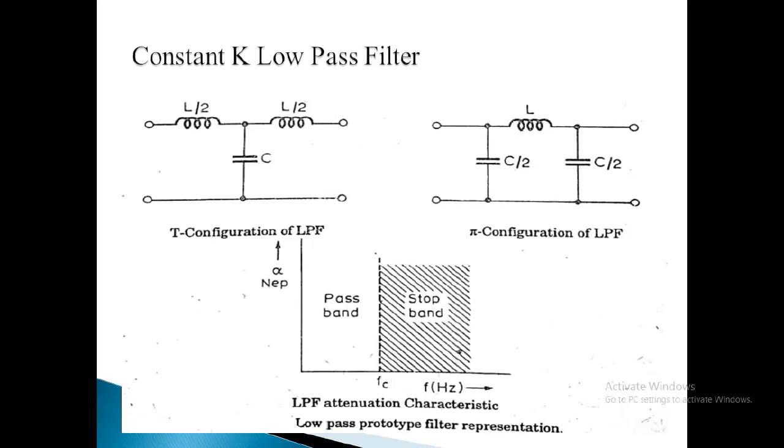It shows the relationship between gain and frequency. Here the vertical dotted line shows the cutoff frequency. From this curve, it is very clear that the low pass filter passes the signal below the cutoff frequency and stops or attenuates the signal above the cutoff frequency.